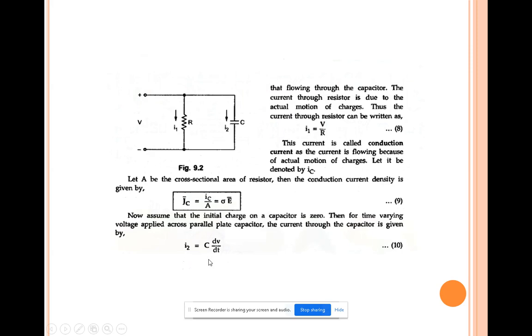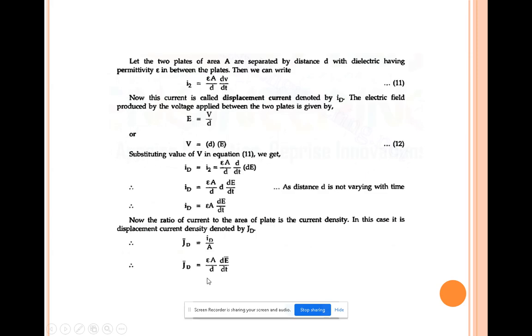If you add the conduction current and displacement current, you will get del cross H vector.